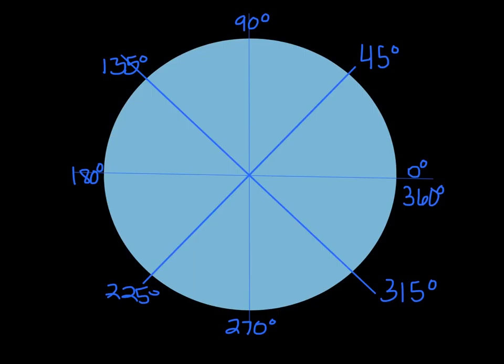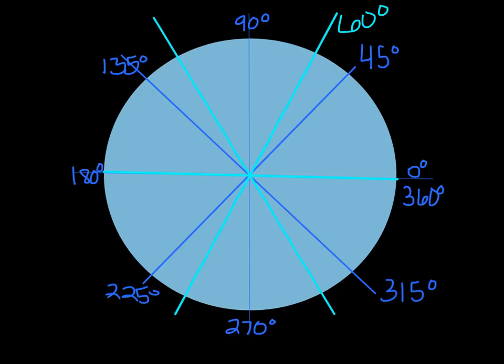Now, we'll go in our 30-degree increments, or our thirds. So maybe this will help. I used teal lines to show dividing the top half into thirds and the bottom half into thirds. So this would be 60 degrees right here, because a third of 180 is 60.